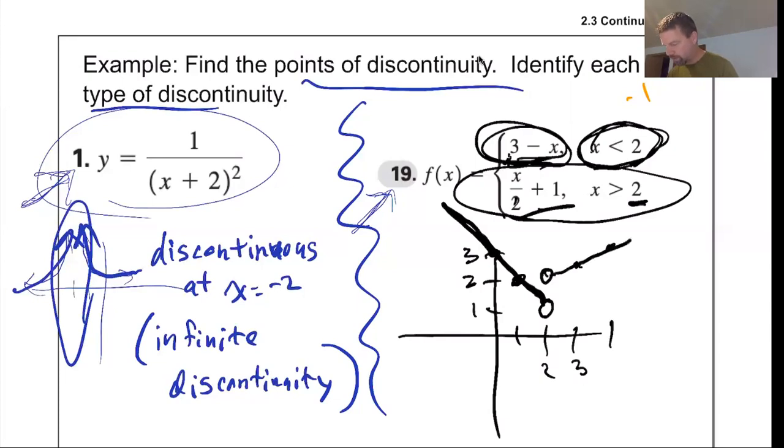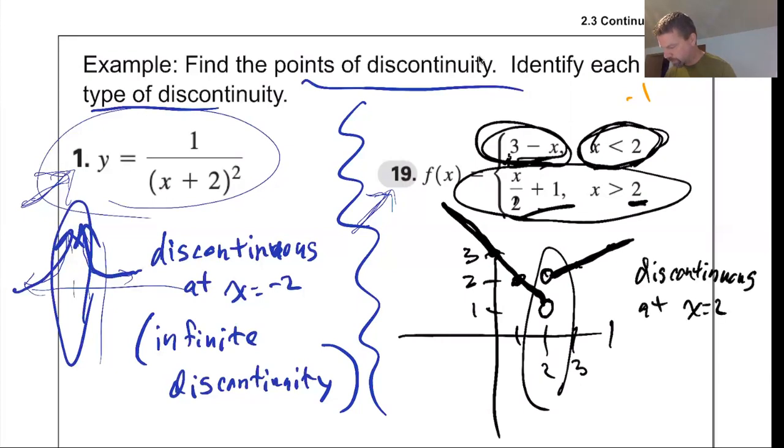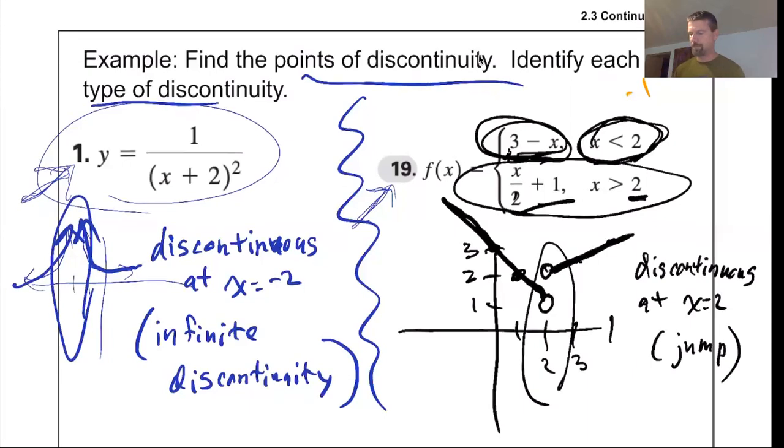And I can see it looks like this. And then you can say, all right, well, there's the graph of the function. And you can very clearly see it's continuous everywhere except right there. And that's a jump discontinuity. So it's discontinuous at x equals 2. It's a jump discontinuity.